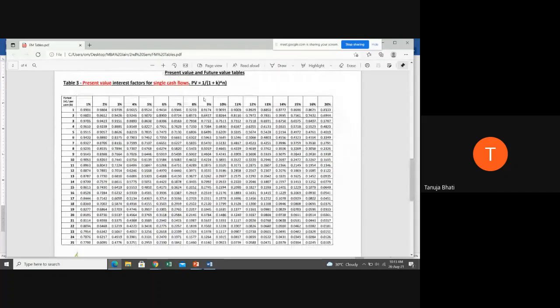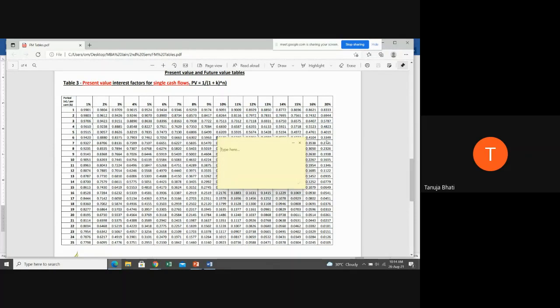Table number 3, 10% for first year, second year, third year, fourth year, fifth year. So as it is, I'm going to write these figures: 0.9091, 0.8264, 0.7513, 0.6830, 0.6209.